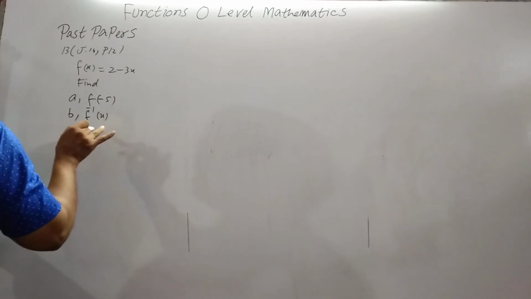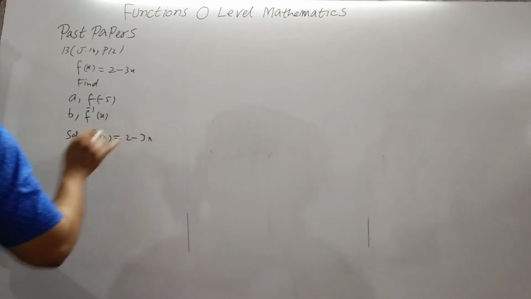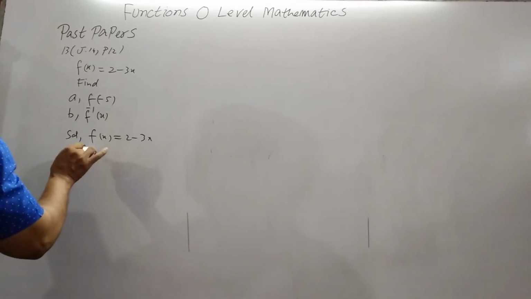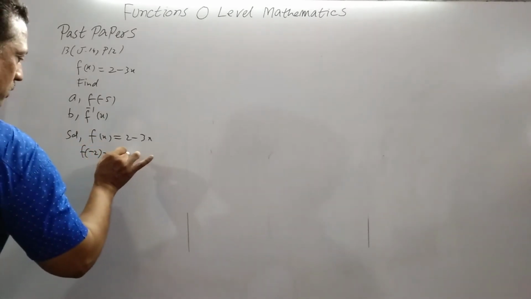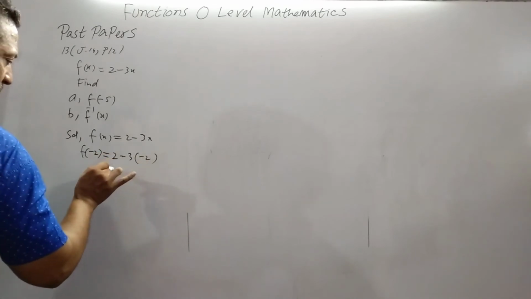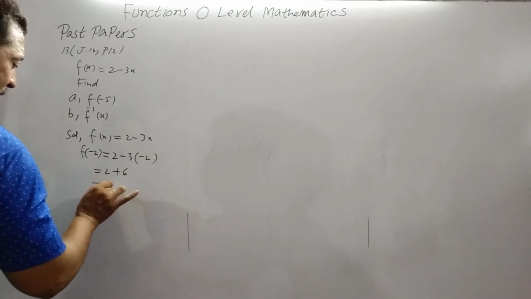Solution: we are given f(x) is equal to 2 minus 3x, and we have to find f of minus 2. F of minus 2 means we put minus 2 where we see x. 2 minus 3 into minus 2. Minus multiplied by minus is plus. 3 twos are 6. 2 plus 6 is 8.